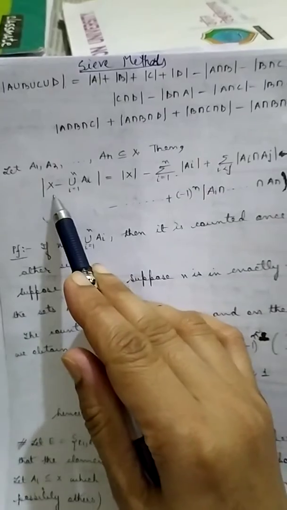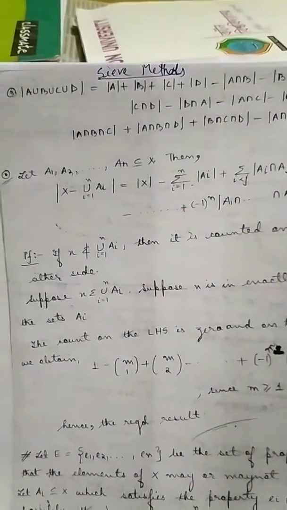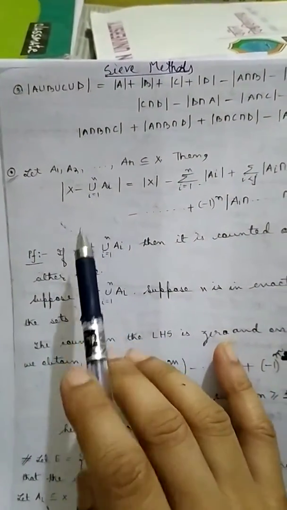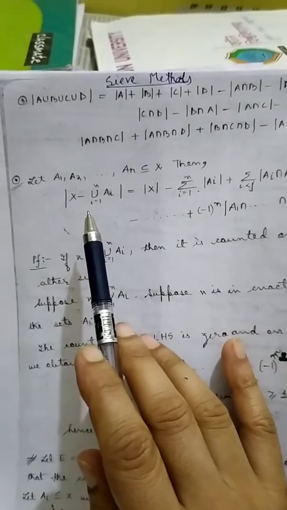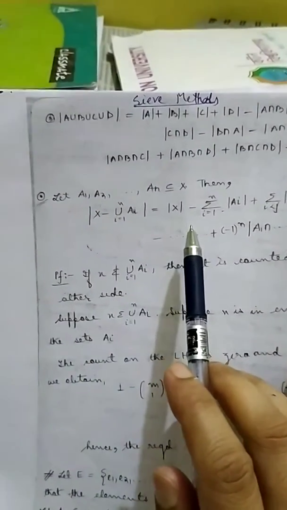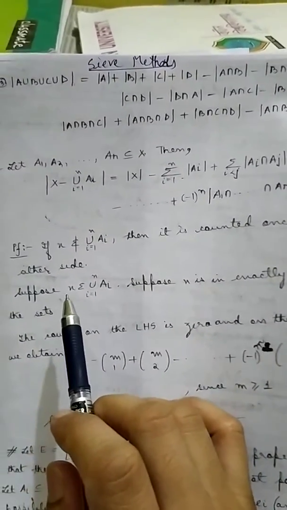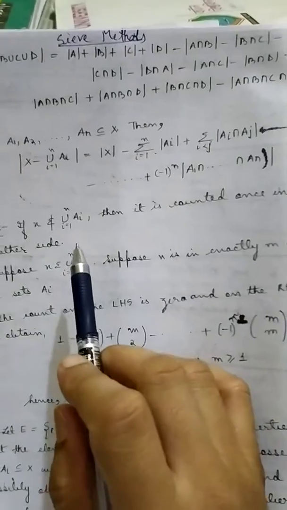So if X does not belong to this union, then this part is okay: we count X once on the left hand side and once on the right hand side. Now for the next observation, suppose X belongs to this.